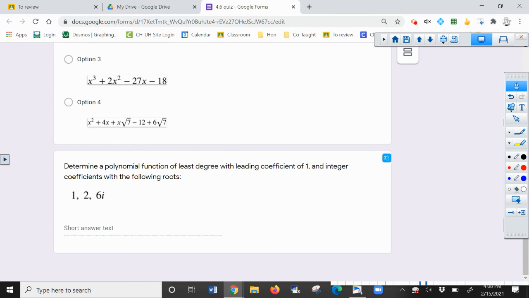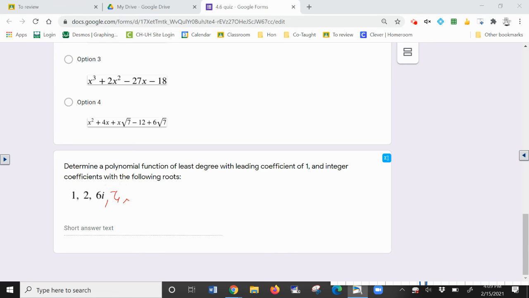And the last one is very similar to that, except this time we're using conjugates. It's the same question. We have integer coefficients. So that means that -6i, the conjugate of +6i, is also one of our answers. So x minus 1 and x minus 2, and then we have x minus 6i and x plus 6i.